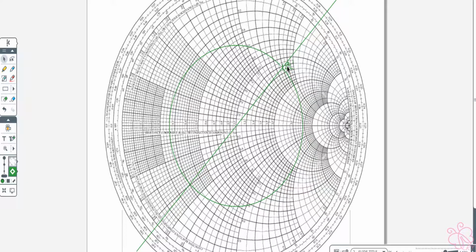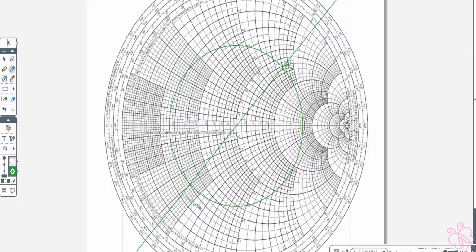So this is our ZL prime, and YL prime is 1 over ZL, which is 180 degrees from our ZL. So it is here. This is our YL prime.